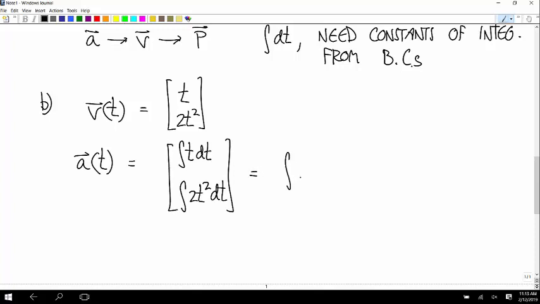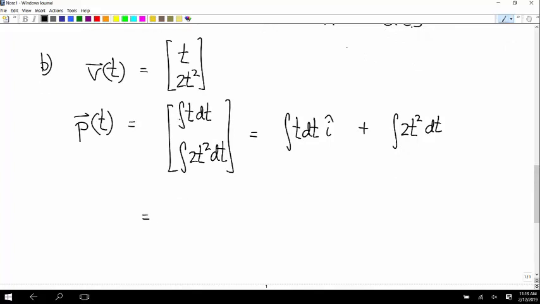Or you can think of this as the integral of the x component, where we get t squared over 2 plus, I'll call it c1.